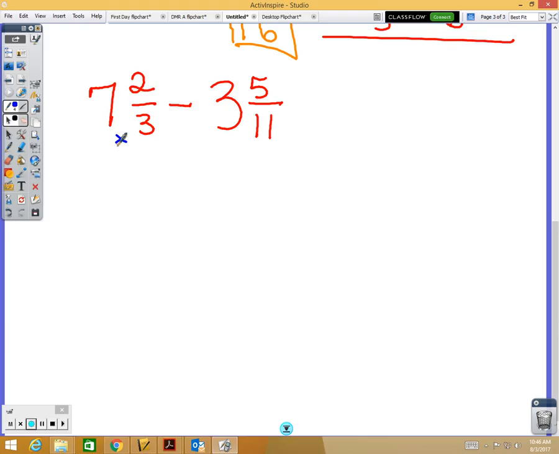So 3 times 7 is 21, plus 2 is 23/3, minus, that'd be 33 plus 5 is 38/11. Okay? Now I'm going to think about my common denominator. What is a common denominator? 33. I'm going to change my denominators to 33.